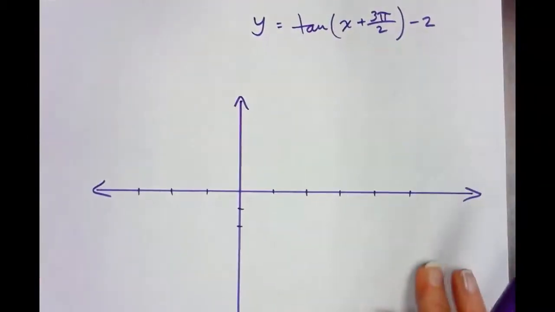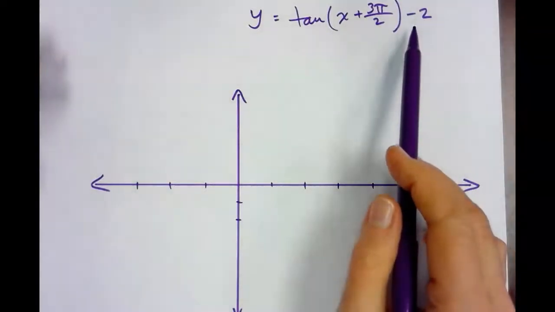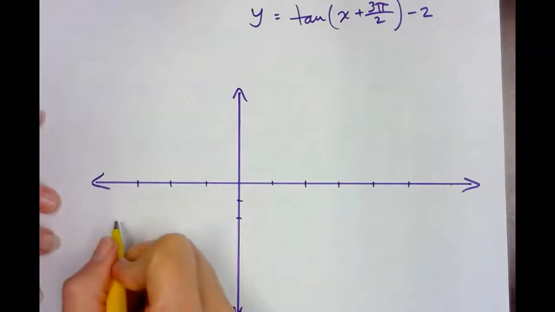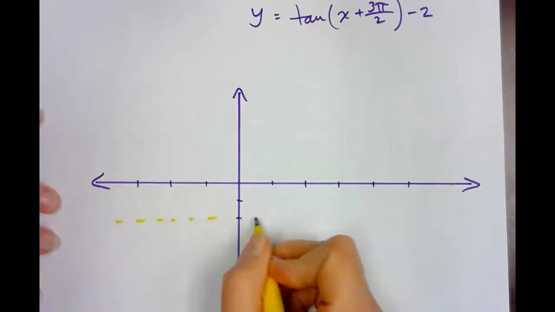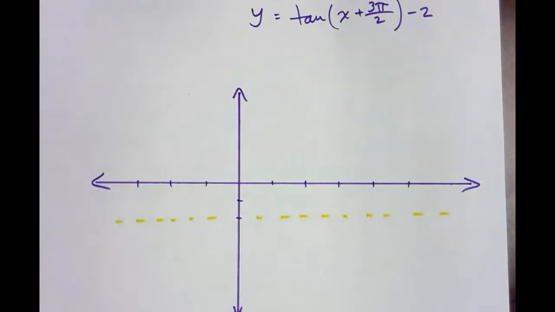Next, y equals tangent of (x + 3π/2) minus 2. So right away, going straight for the d value. The d value is -2, so the entire graph is shifting down 2 units.